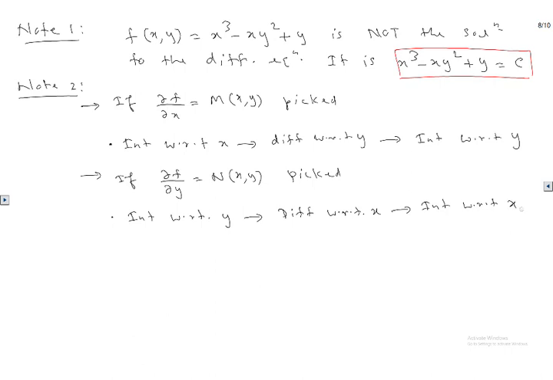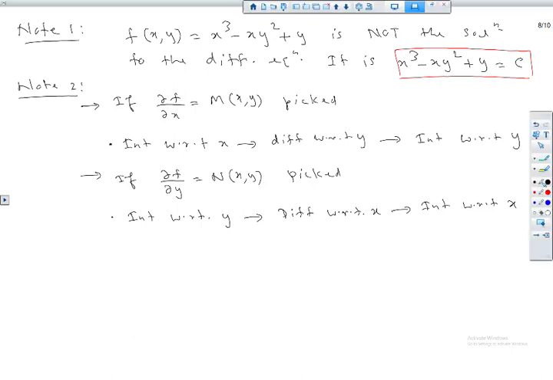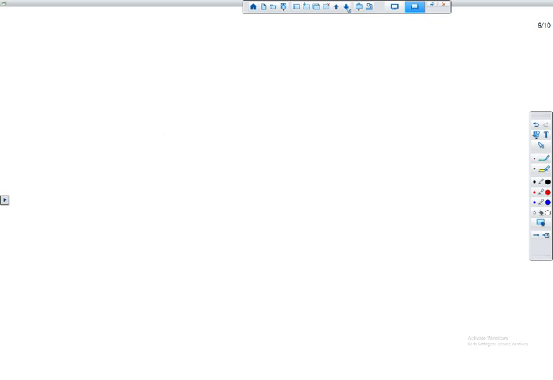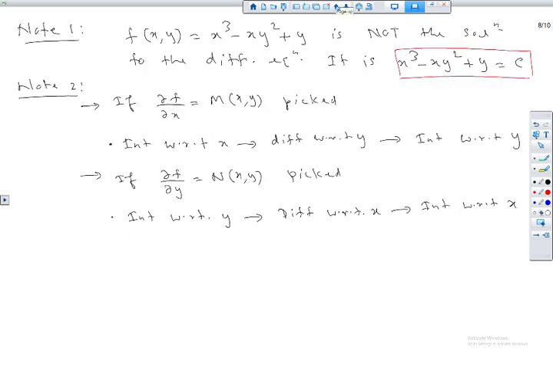So you can see it's going to change the order. That's it. So whichever is easy, we're going to pick. Okay, so let's do another example. We can do about 3-4 examples. So let's do this one. Example number 2.